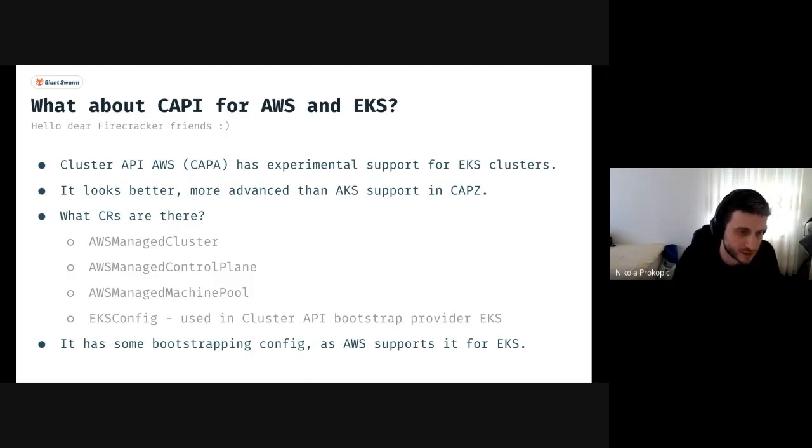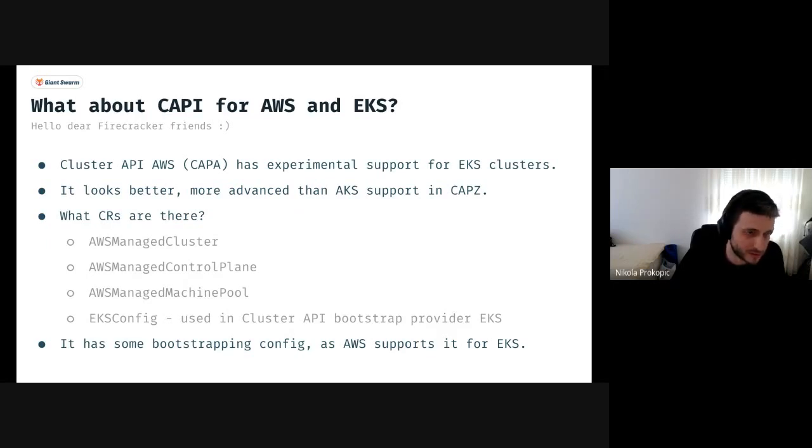You can see similar CRs there, and additionally, what you also have in CAPA for EKS is some story around bootstrapping as well, because apparently AWS supports something, so you can provide some configuration, and that will affect the cloud init that is generated for the machines.